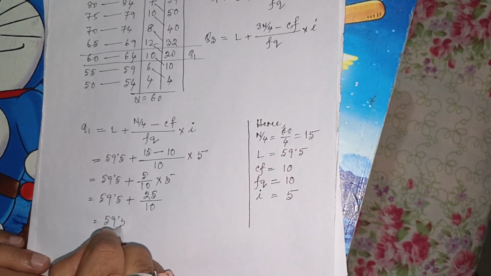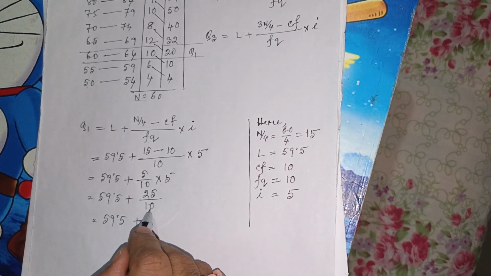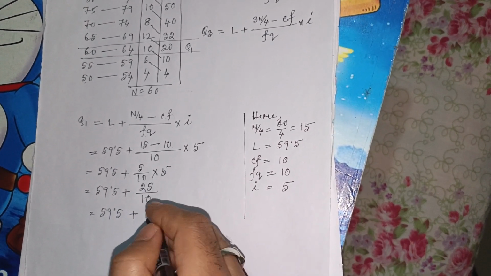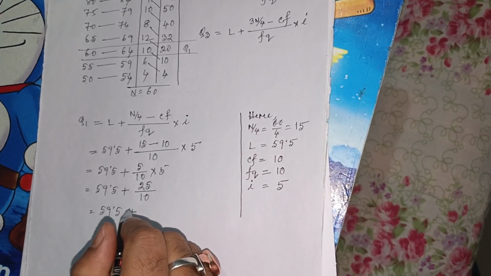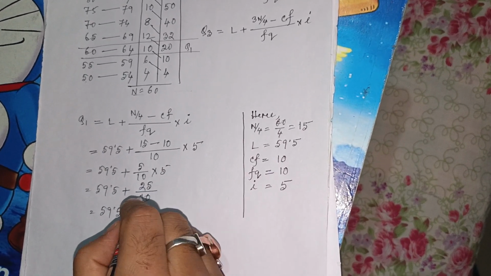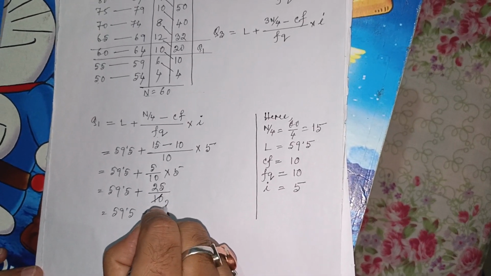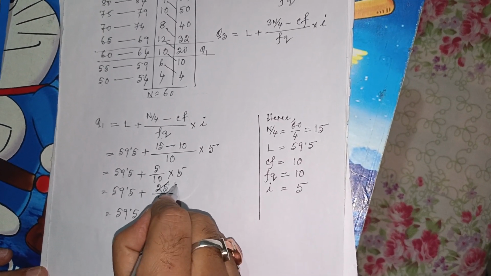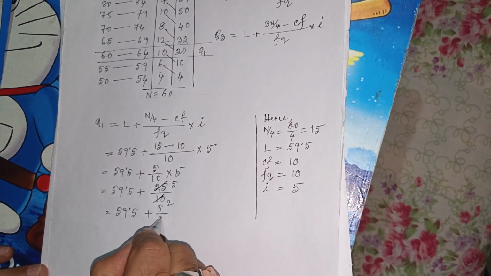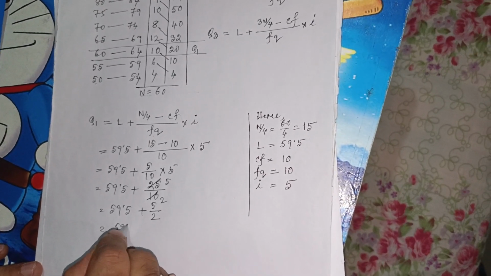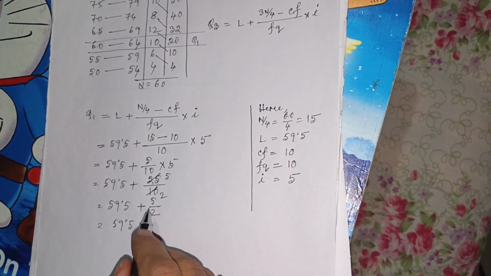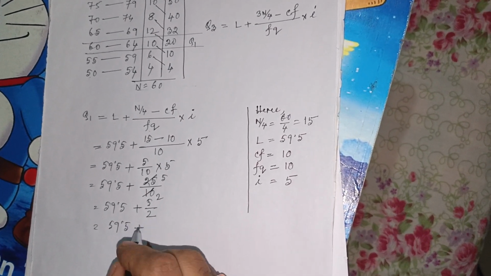So 59.5 plus 25 divided by 10. You can cut it to make it a smaller number. So by 5 it will be 2, and by 5 it will be 5. So it will be 5 by 2.